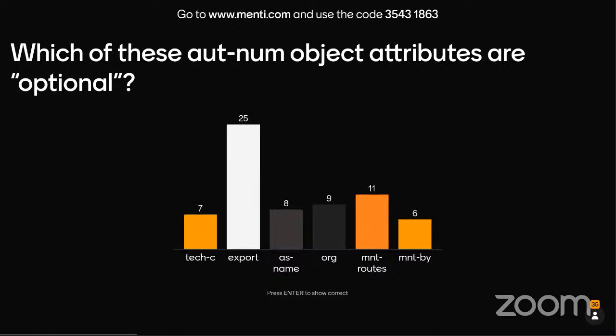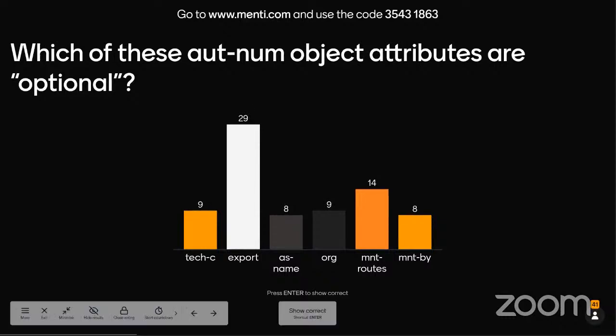Okay, 35 people. I think when you reach 40, 45, Ola, you can stop and then give the answer. Two more people, at least. There you go, Ola.